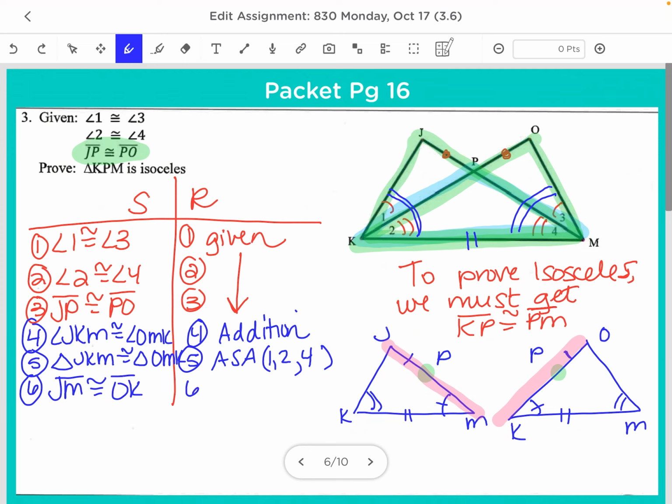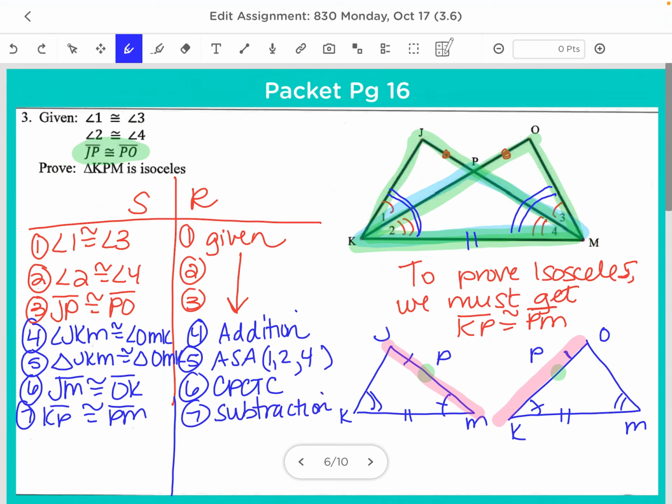Those are congruent because of CPCTC. So how I can say then that KP is congruent to PM is through the subtraction property. Once I subtract, I can get those two sides congruent, and that's enough to prove that the triangle is isosceles.